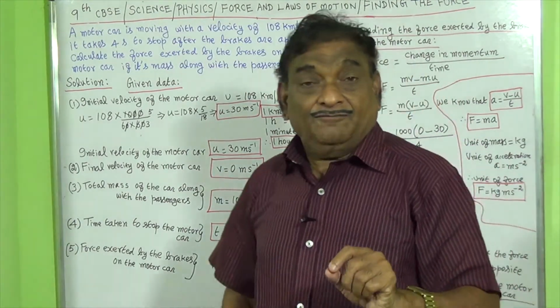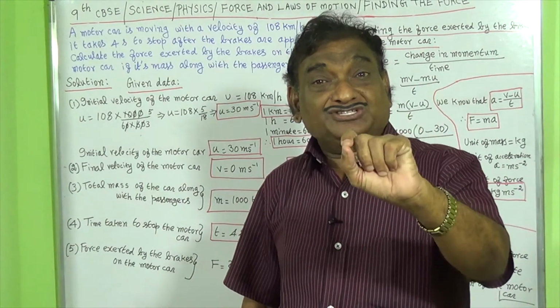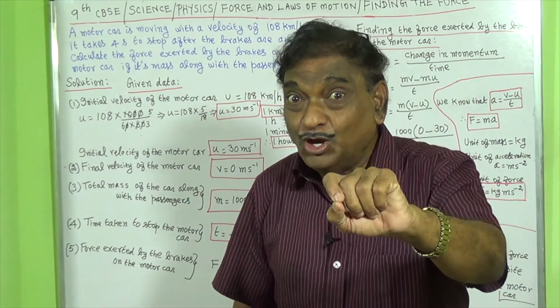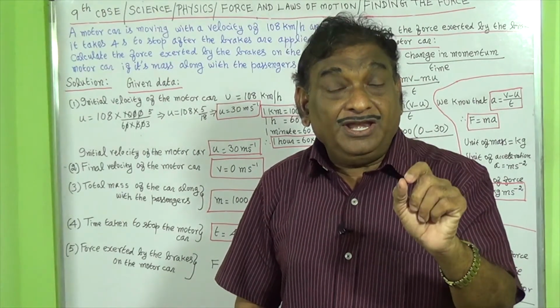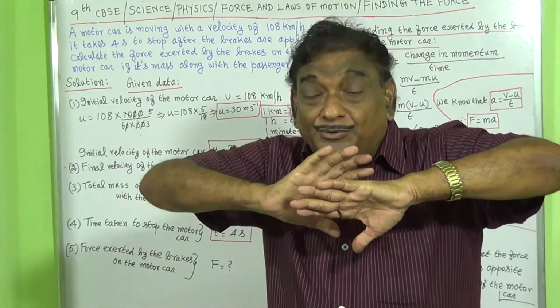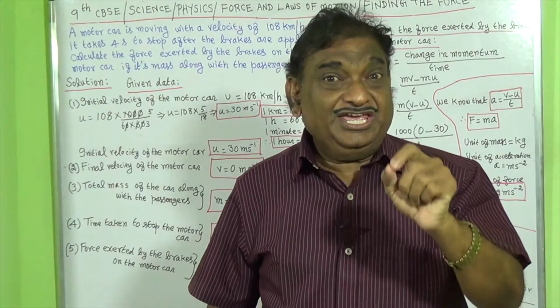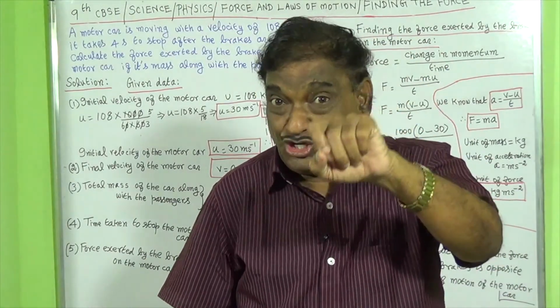Then, what is the final velocity of the car? The final velocity of the car is 0. Why? When a vehicle stops, it will not have any velocity. At two circumstances, the initial velocity will be 0.